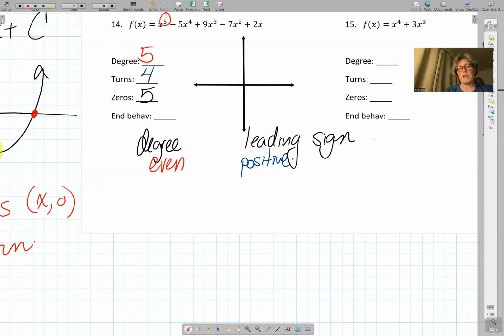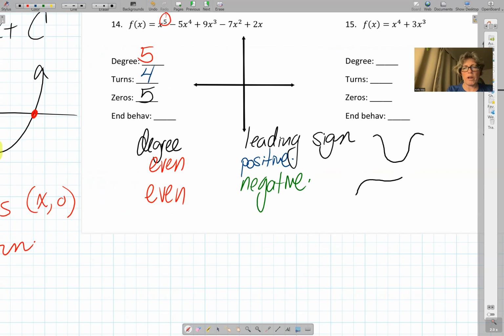All right, so it's going to rise on the left, whatever it is, and you're going to be rising on the right. All right, next one. If the degree is even and the leading coefficient is negative, all right, it's going to fall to the left ultimately and rise to the right.